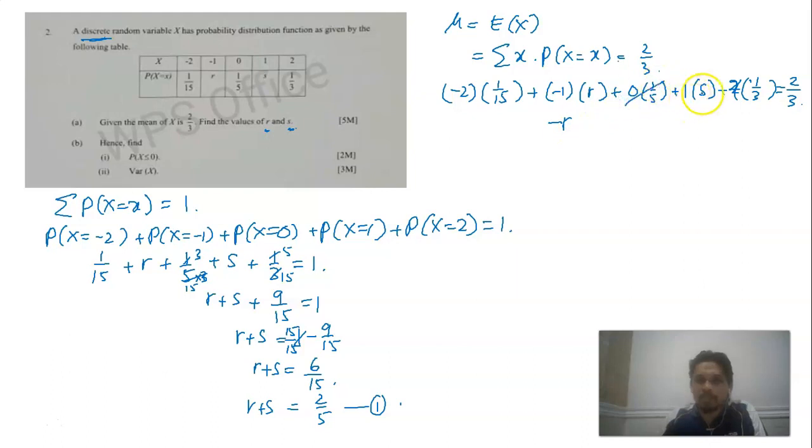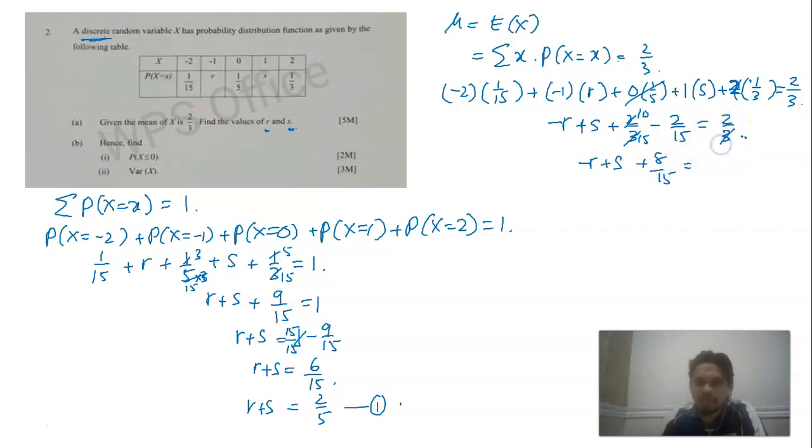This is 0, 1 times s equal to s. So this is 2 over 3 plus 2 over 3 minus 2 over 15 equal to 2 over 3. 3 times 5 equal to 15, so 2 times 5 equal to 10. Negative r plus s, 10 minus 2, 10 minus 2 equal to 8 over 15.